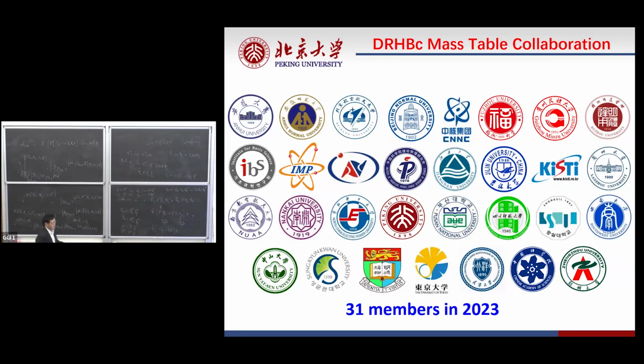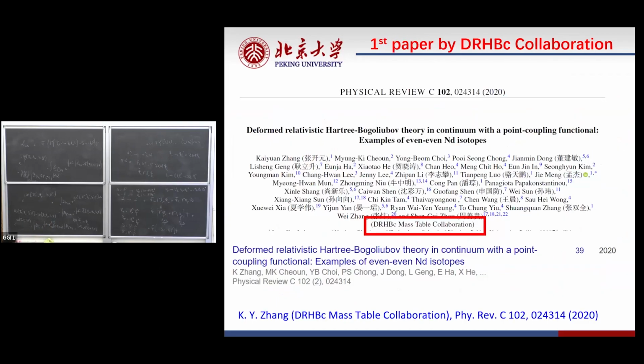So essentially, we are collecting something like 31 institutes from China, Japan, and Korea, and we all aim to build up a mass table with continuum and deformation included. We already achieved something. For example, this is our first paper with this name, DRHBc mass table collaboration, because we give up all the strategy to perform a large-scale calculation, which is not that easy.